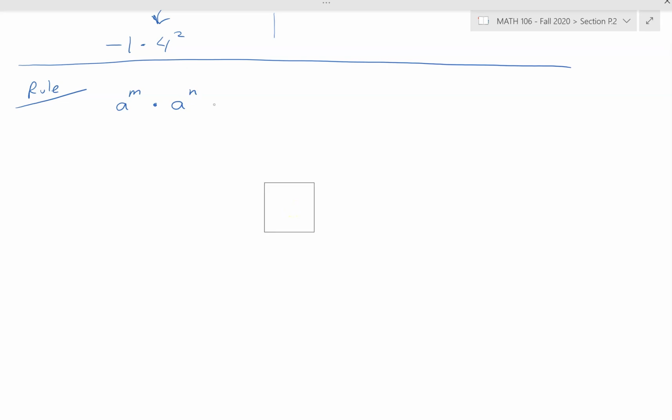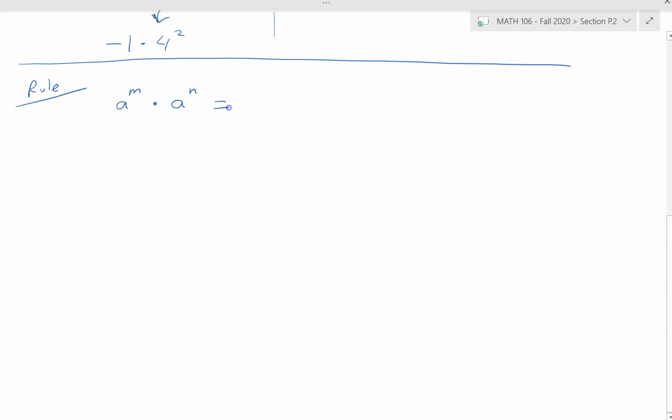Before giving you an example, what would that result look like? The goal would be to end up having a single base a, right, without having these two terms. So what do you do to exponents when you're multiplying the same base together?